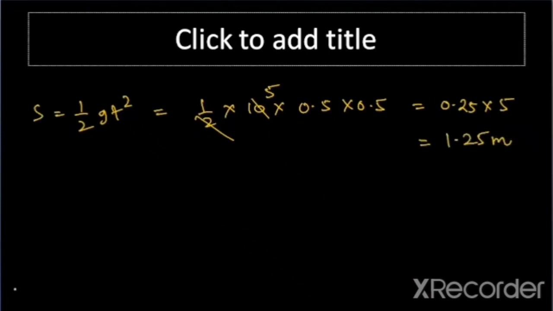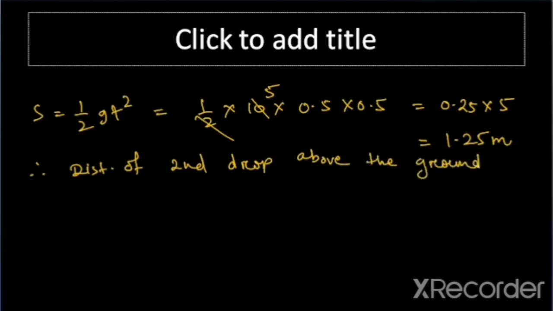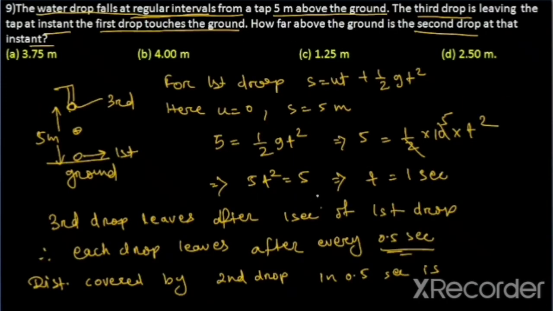S is equal to 1.25 meter. So it covered 1.25 meter. That means the distance of the second drop above the ground is 5 meter minus 1.25 meter, that is 3.75 meter. So we have 3.75 meter in option A, that is, option A is correct.